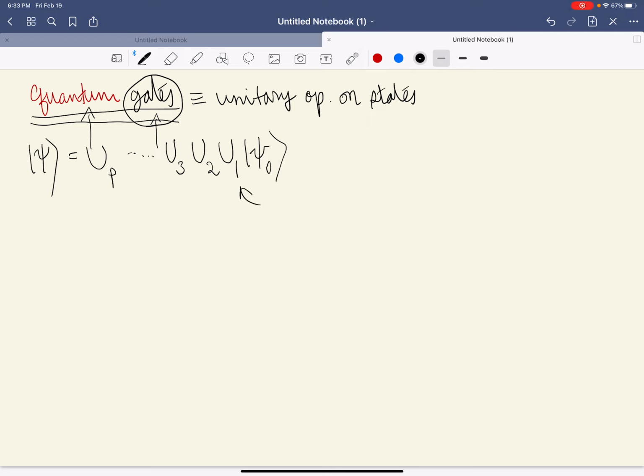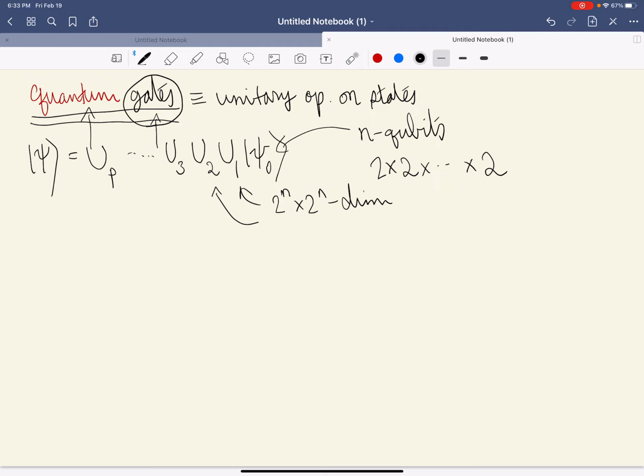But each one of these unitary matrices is really a 2^n by 2^n dimensional unitary matrix, right? Because this is a state of n qubits, and each qubit has two possible states. So if you put together two possibilities for n qubits, then the total number of possibilities is 2 to the n.